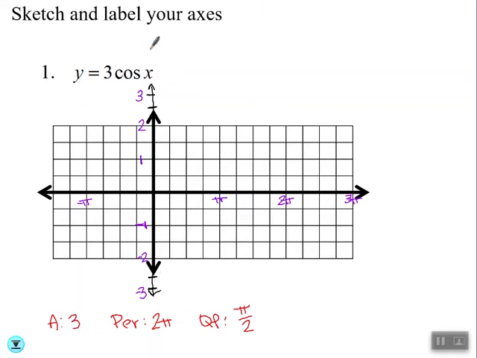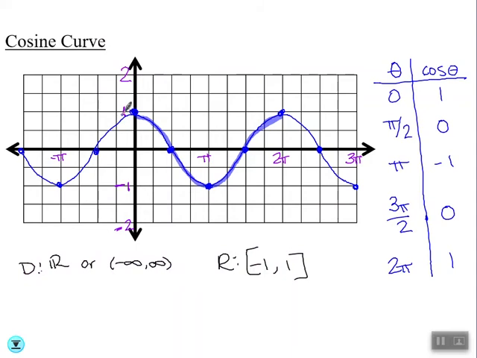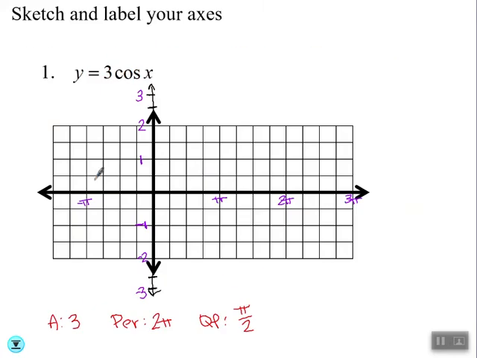So I know that this is a cosine function. So if I go back to my original cosine curve, I'm going to start at the top of this curve. But instead of the top of the curve being at 1, the top of the curve is going to be at 3. The rest of the pattern does not change.